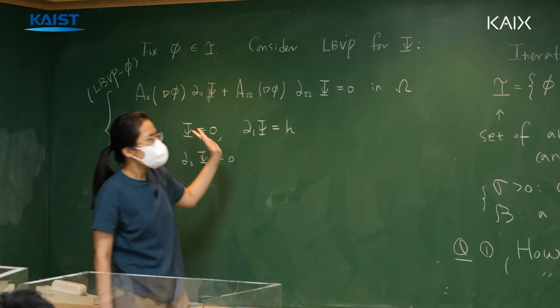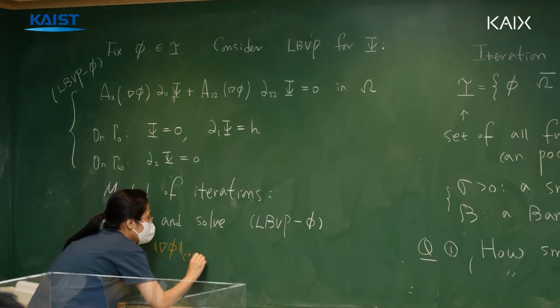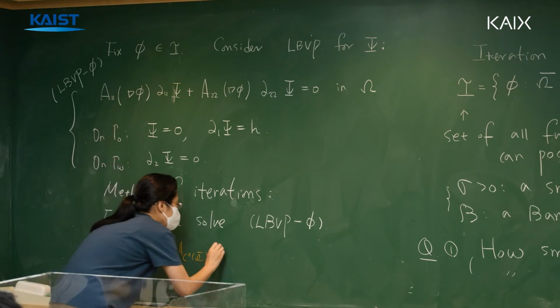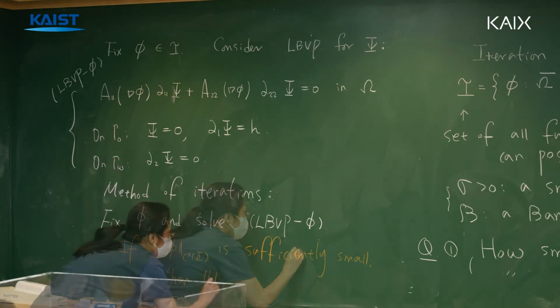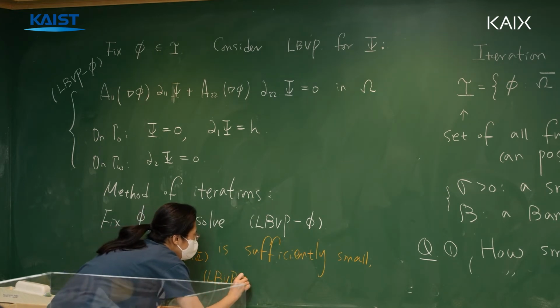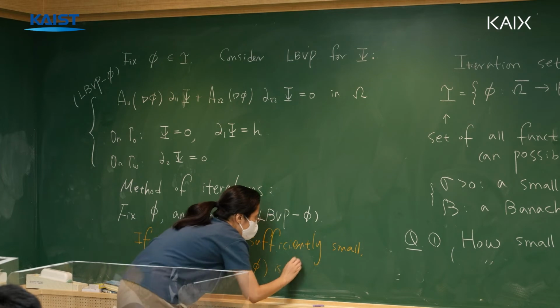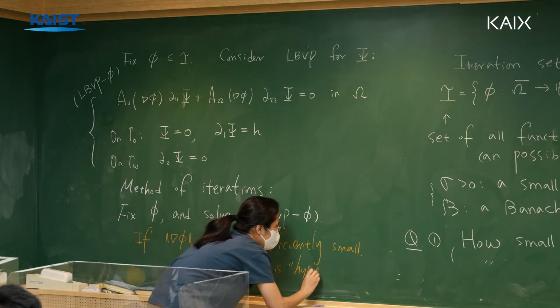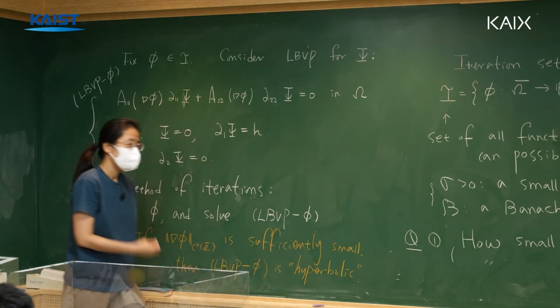And before I get into any further, if phi is sufficiently small, the boundary value problem associated with phi is hyperbolic. Okay, then we can solve.